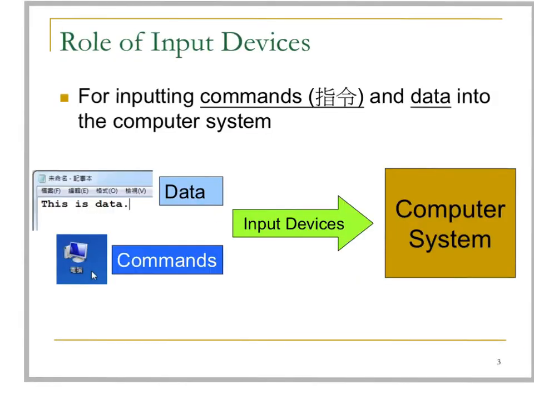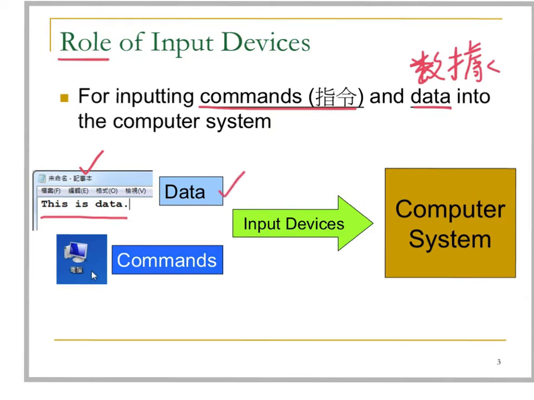Okay, first things first. The role of the input device is to input commands, 指令, and data, 數據, into the computer system. For example, if you start Notepad 記事本 and enter some text inside, all these texts are actually data.